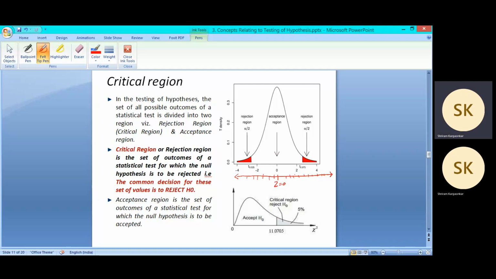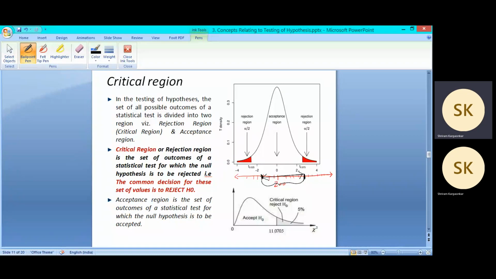In simple language, there are certain limits, boundary values, which we call the critical values. If any value lies in between these two, then it is safe, meaning our claim will be accepted.